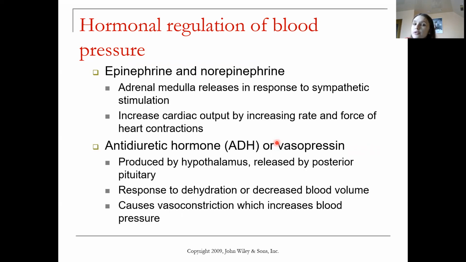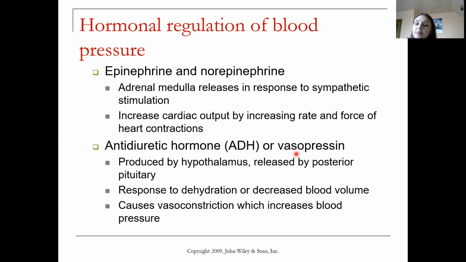Epinephrine and norepinephrine are released by the adrenal medulla in response to sympathetic stimulation in a stress situation. They have the same effect as the sympathetic division: increased heart rate and vasoconstriction. Antidiuretic hormone, or vasopressin, is produced by the hypothalamus and released by the posterior pituitary gland.